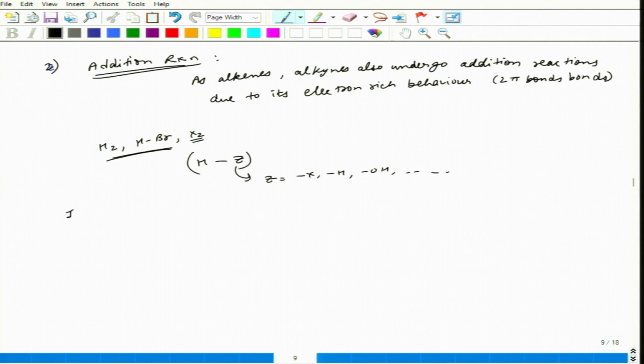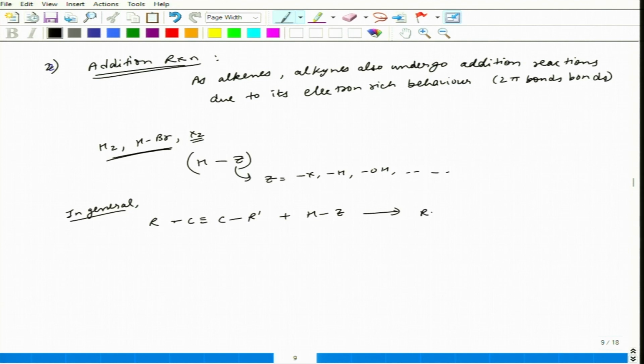So, in general, the reactions of alkynes: C triple bond C with R and R dash. This R or R dash can be hydrogen or an alkyl group like CH3, CH2CH3, and addition of HZ. This Z can be X, so that means HX can be added, water can be added, and so on.